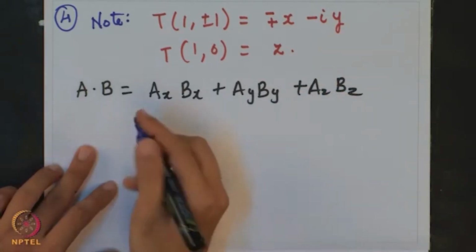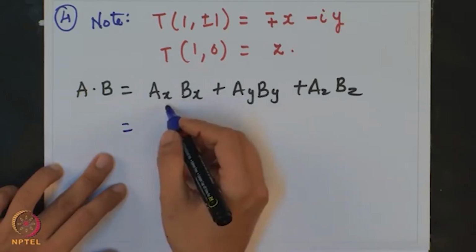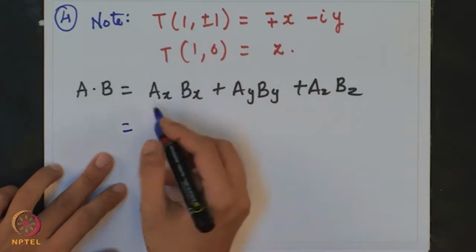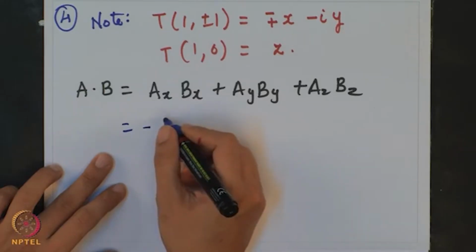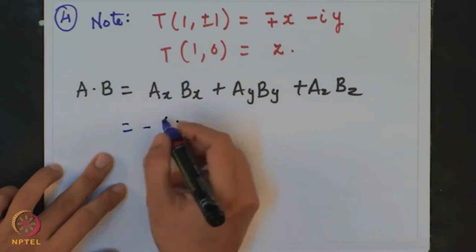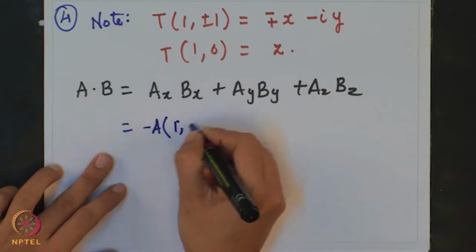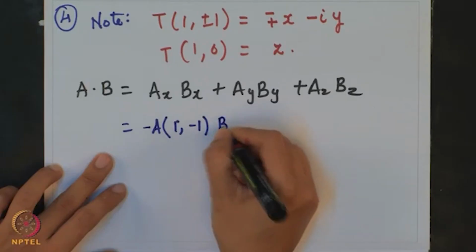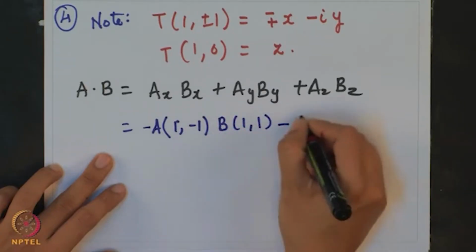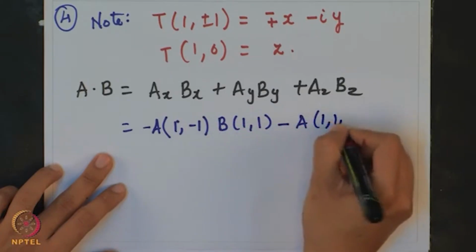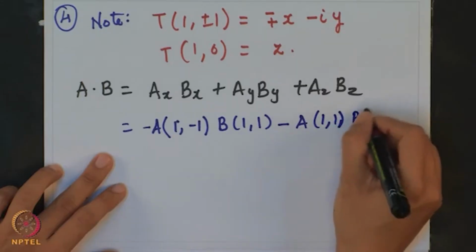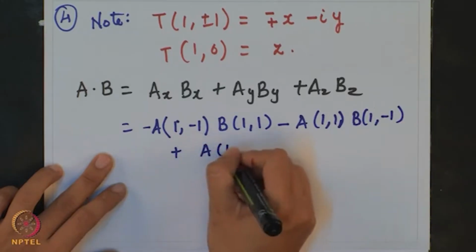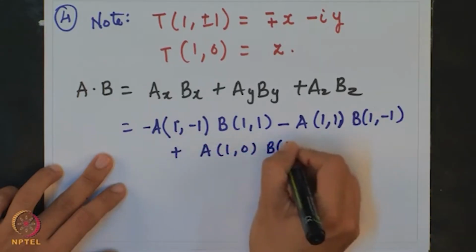Now, let us do it in terms of the irreducible tensors. This can be done, you have to think a bit and convince yourself of what I am writing here: A1 minus 1 B11 minus A11 B1 minus 1 plus A10 B10.